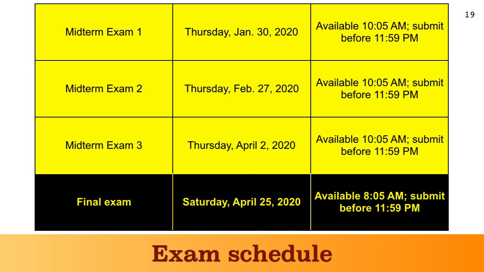And so there's a lot of flexibility in this. There's at least 14 hours of availability for each midterm. Okay, so if you have an 8-hour-a-day job, that gives you another 6 hours to get home or get up to campus, get some food, take a little nap, and then still have an hour for the midterm before the deadline.